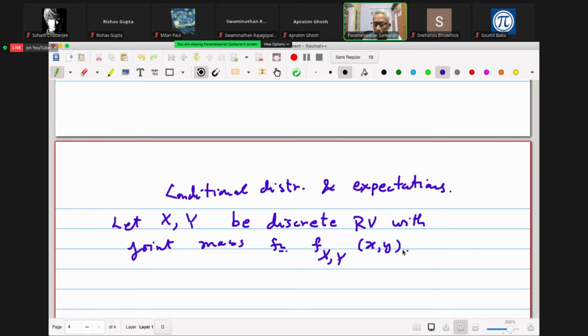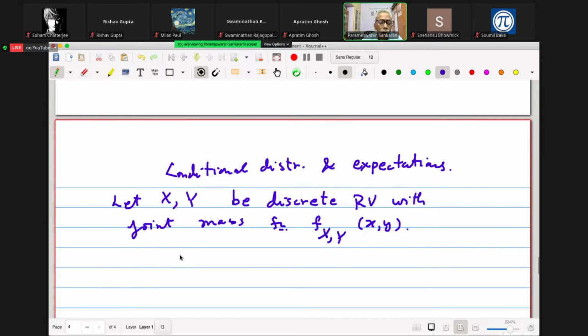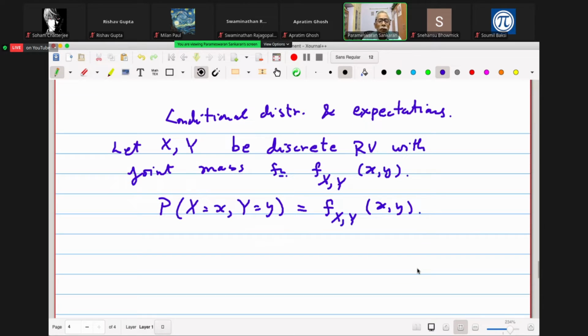So by definition, I recall for you, P of X equals x, Y equals y is equal to f_XY of (x, y). It's a basic definition.